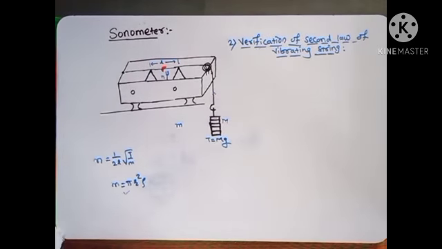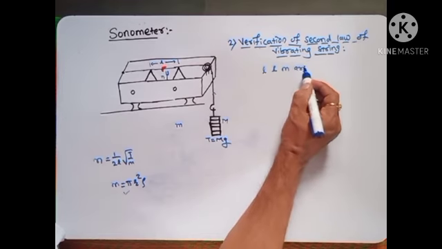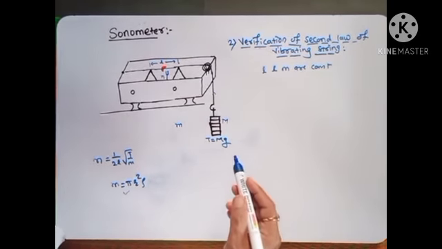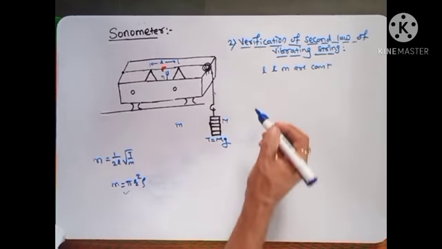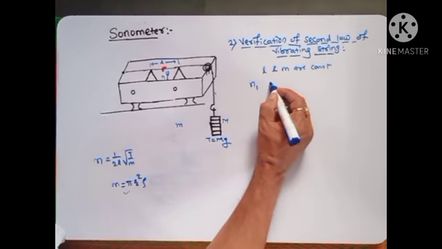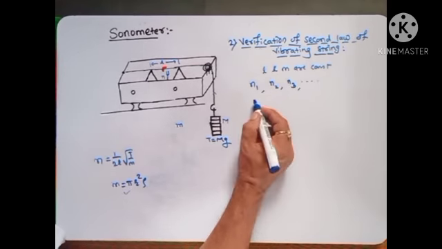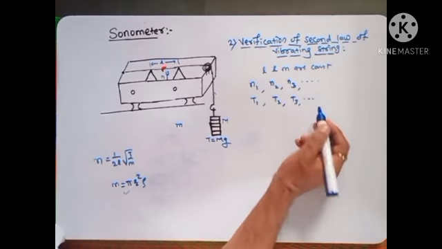Now here we see, suppose we take small l and small m to be constant, and we use different tensions. Suppose we use N1, N2, N3. For that we use different tensions T1, T2, T3 like that.